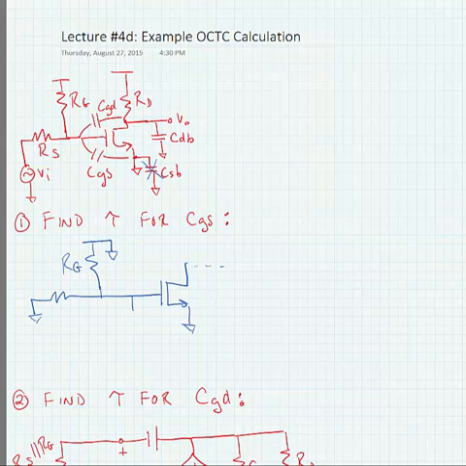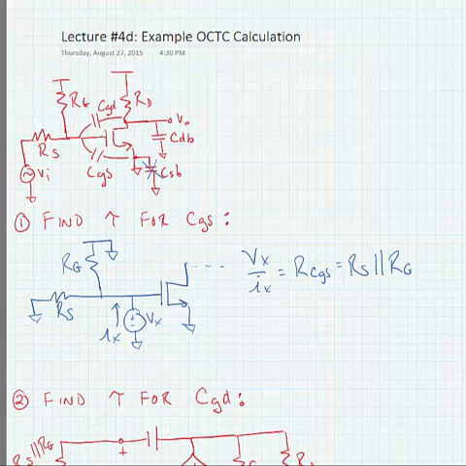Finally, we're going to replace CGS with a test voltage source and measure the current that would flow out of it. If we do this, we see that Vx over Ix is equal to R CGS, and this is equal to RS in parallel with RG.